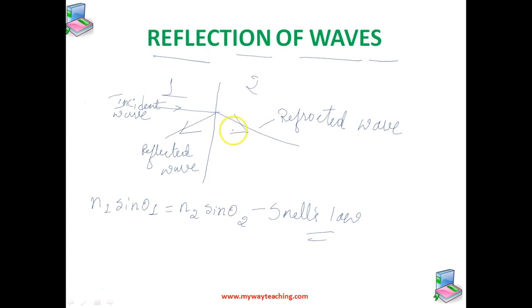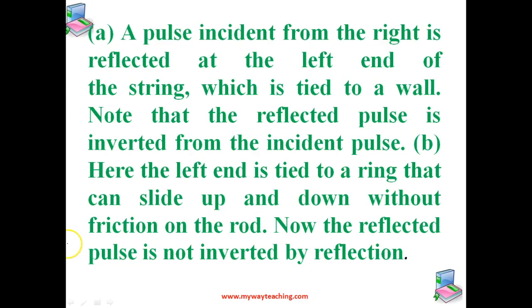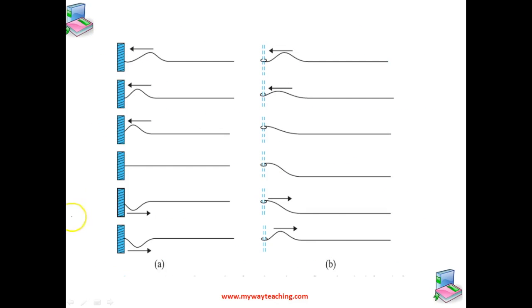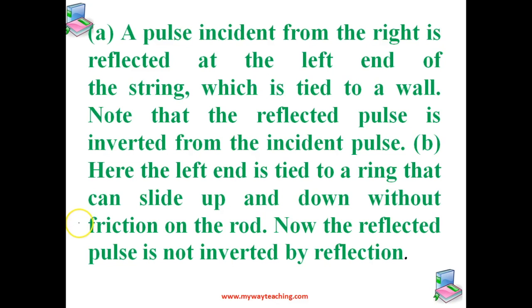So this is a little information about reflection of waves. You can see this figure. In this figure, a pulse incident from the right is reflected at the left end of the string, which is tied to a wall.